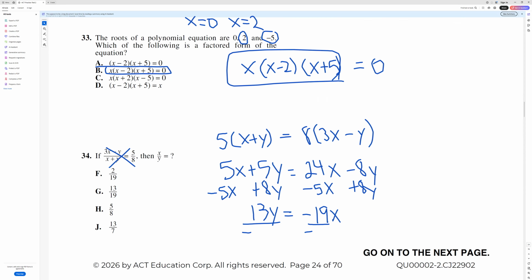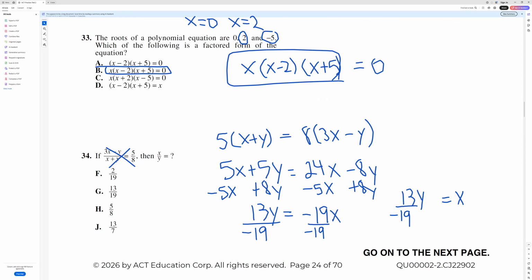over negative 19 is equal to x, but we want to know x over y. So if I want a y on the bottom, let's divide this side by y. And let's divide this side by y. That cancels.